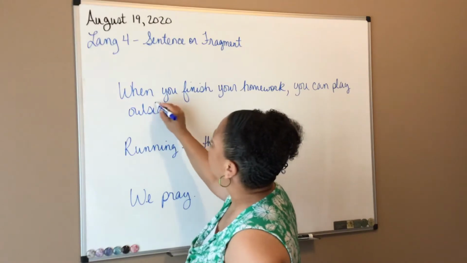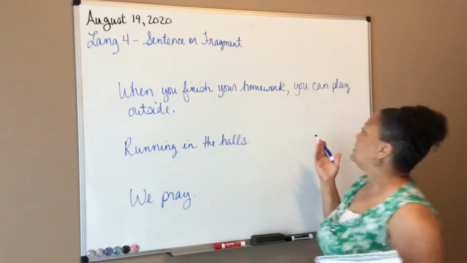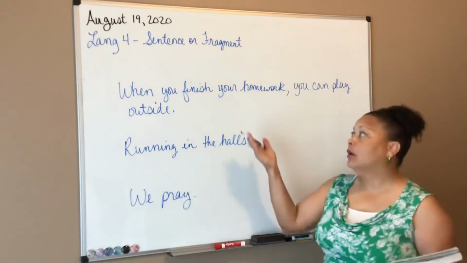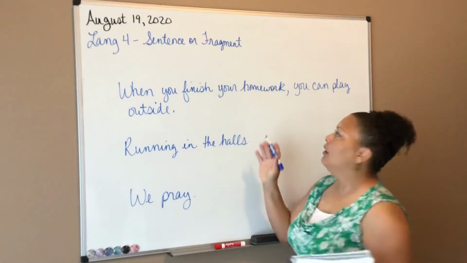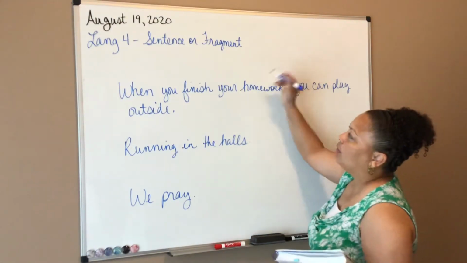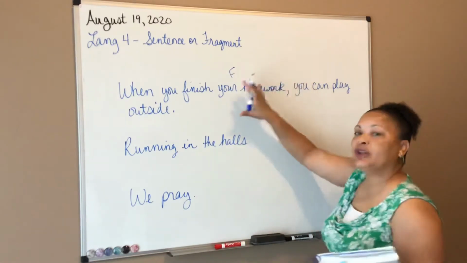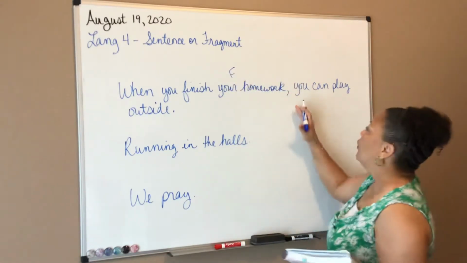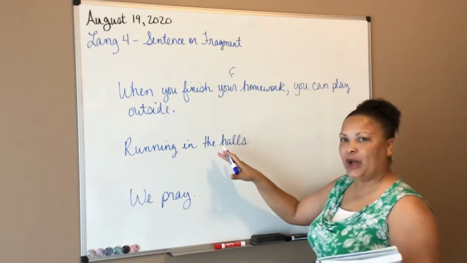Now we have a complete thought because it tells you what you can do when you finish your homework, okay? Just this part alone would be a fragment. In order to turn this fragment into a sentence, we have to add the complete thought.